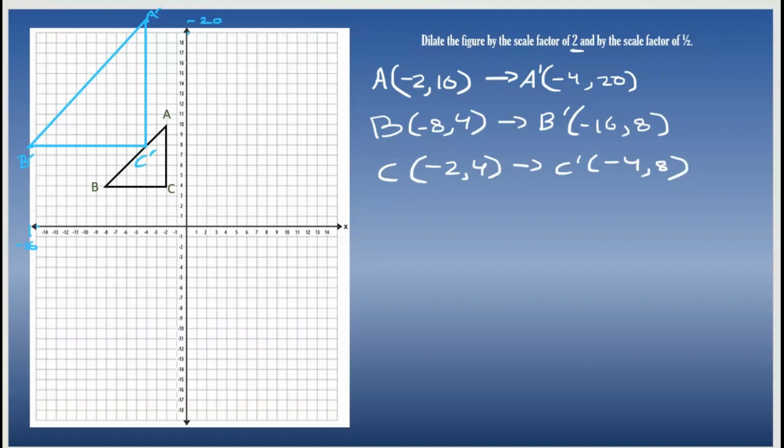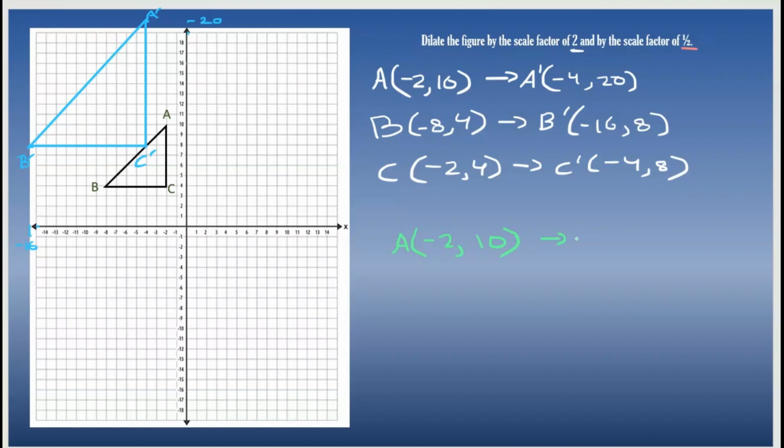Okay. And that is the figure that we get when we dilate the figure by a scale factor of 2. Okay. Now when we're dilating by a scale factor of a half. Okay. So A is again negative 2, comma 10.